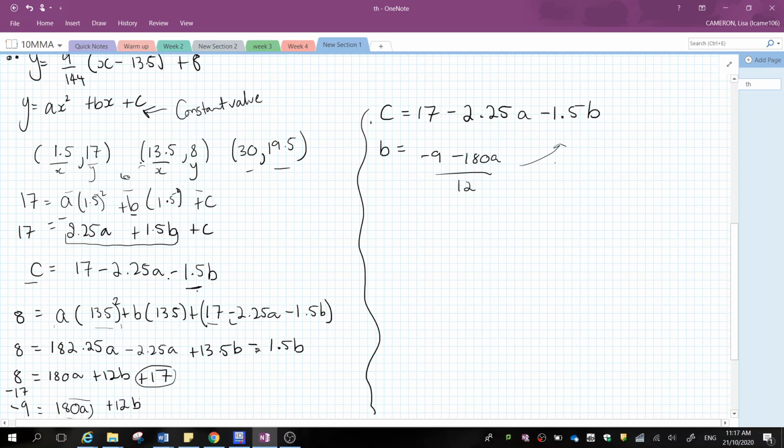So I'm going to take this and I'm going to substitute it back up in there. So now it's all in terms of a. So c equals 17 minus 2.25a minus 1.5 times that. Now, I'm going to write this as separate terms when I do so that I can expand my brackets and simplify what I've got.